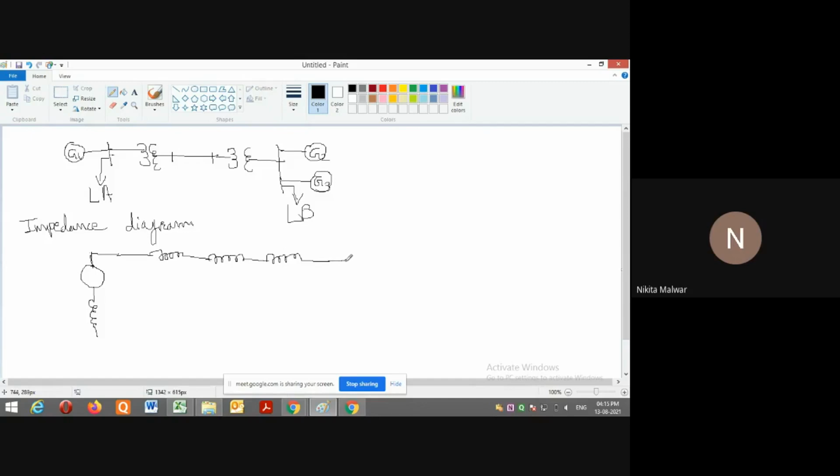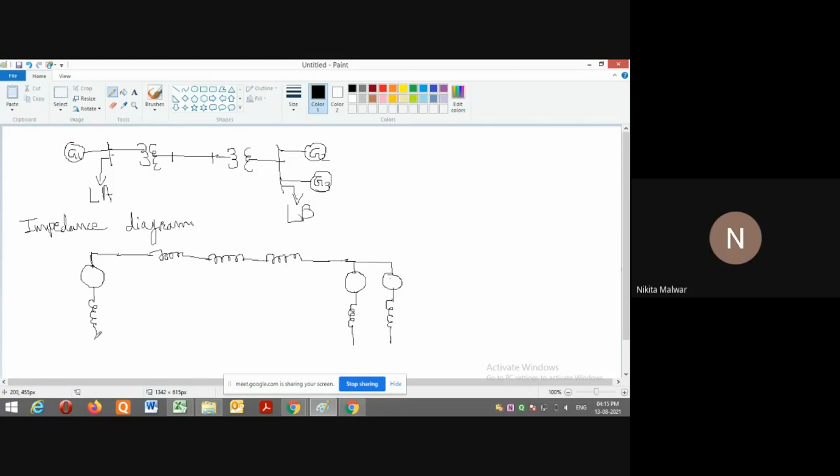After that there are two generators in parallel. So for generator 2 again we will show the EMF, after that this impedance. It is parallel to generator 3, and generator 3 is with its impedance.